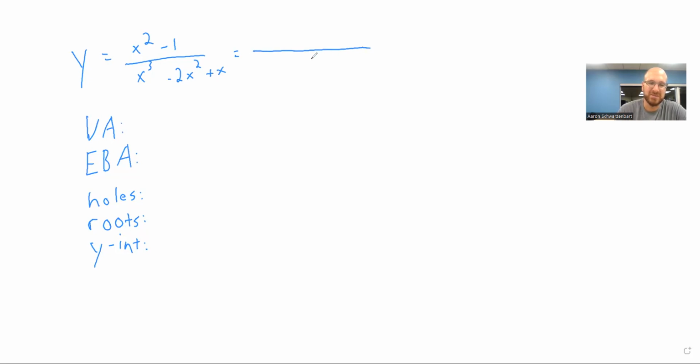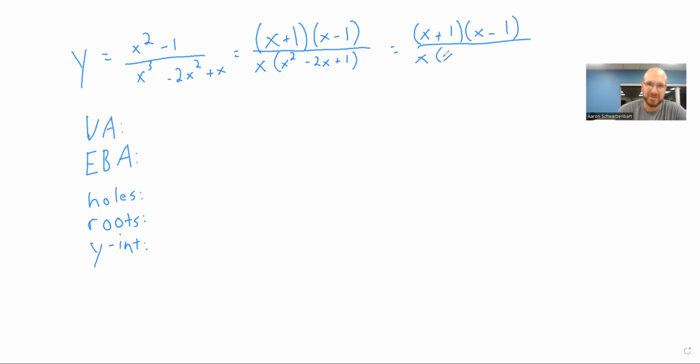So I'm going to start by factoring. Factoring x squared minus 1 is (x plus 1)(x minus 1). It's the difference of squares. Take the square root of x squared, which gives me x, and the square root of 1 gives me the 1s. My bottom, I'm going to start by factoring out an x, because it's a common factor to all of them. And then I can factor the rest of the denominator into (x minus 1)(x minus 1).